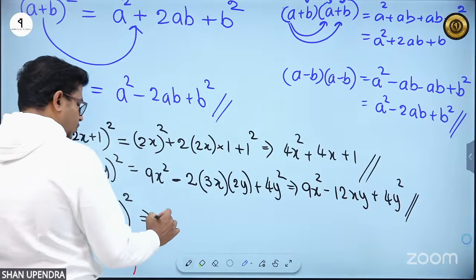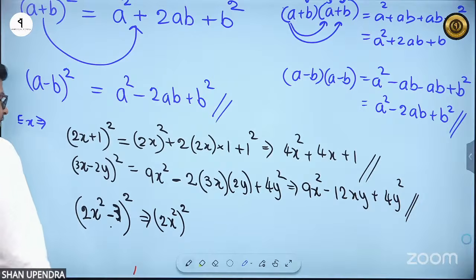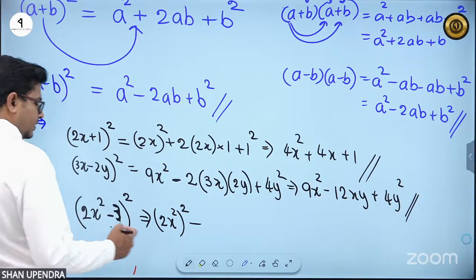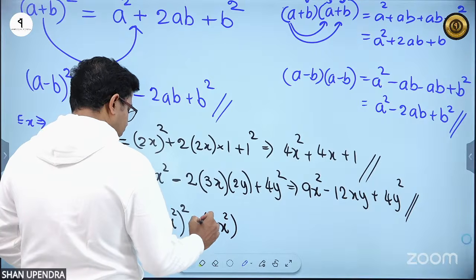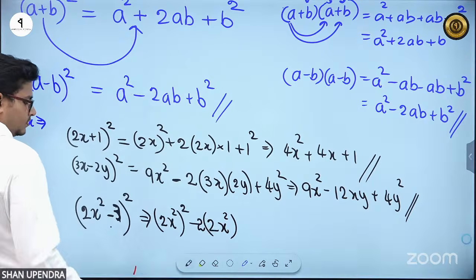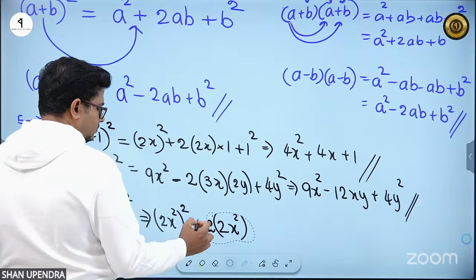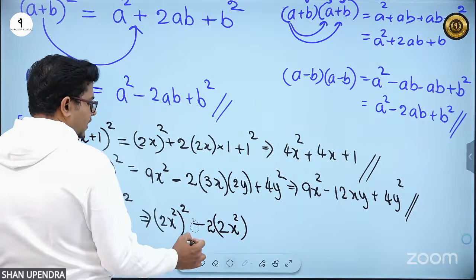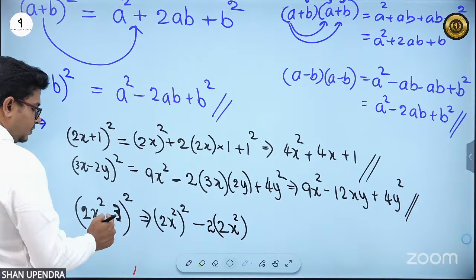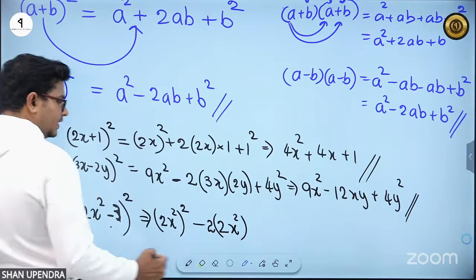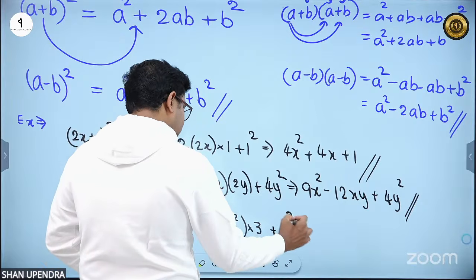Then you can take 2x squared to the power 2. You can write 2 into 2, to the power 2, into x squared, into, this is minus, so this is minus, and then 2 into 3, plus 3 squared means 9.